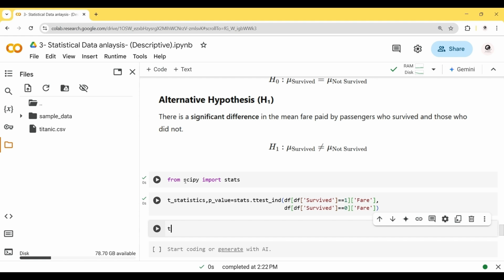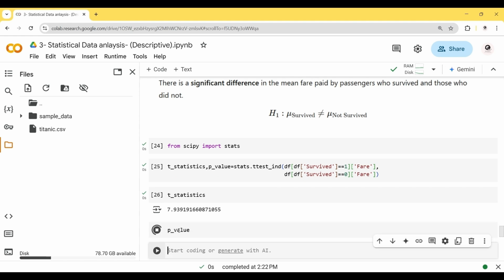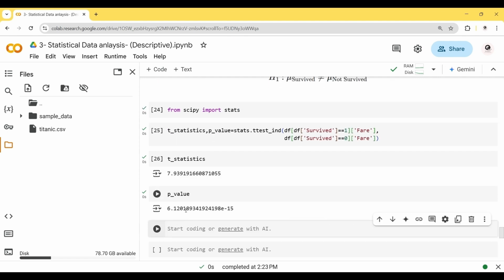We are going to print our t statistic value and p value. So this is my t statistic value and this is my p value. Now here we can see my p value is less than 0.05.